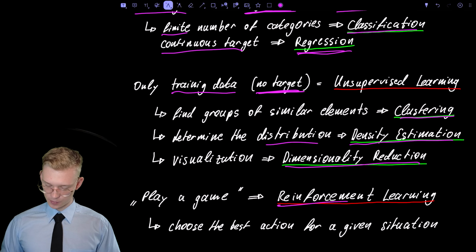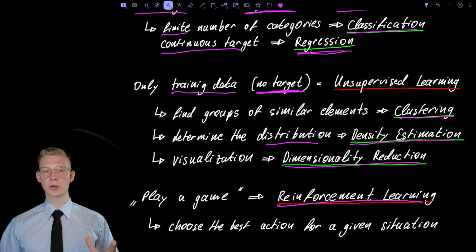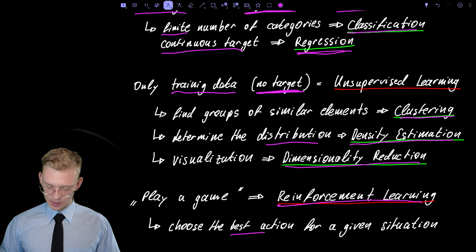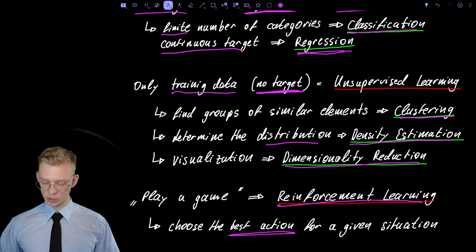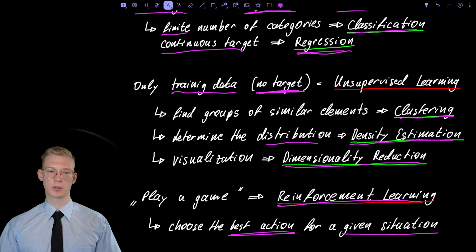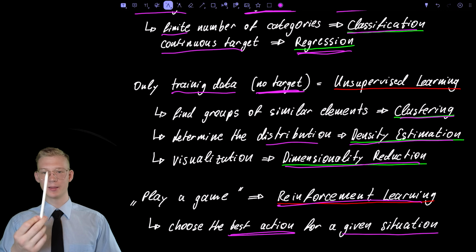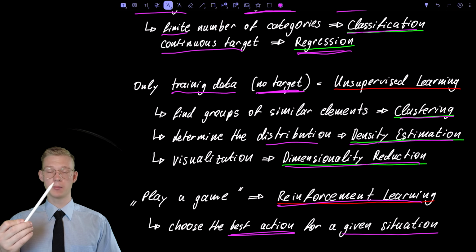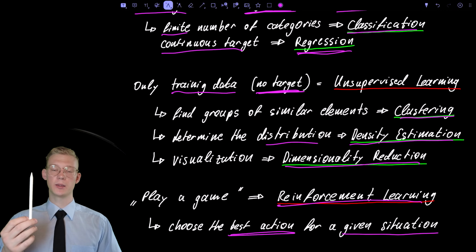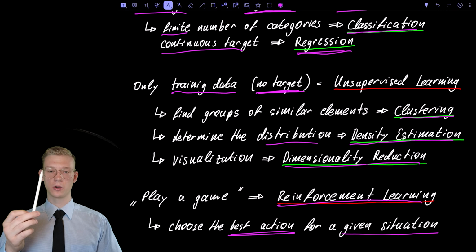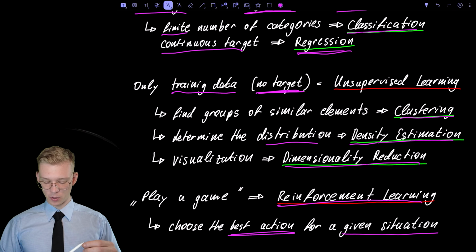But we also have the last element of machine learning, that is reinforcement learning. And reinforcement learning is just about like playing a game. The goal is to choose the best action from a set of actions for a given situation. So you can think about it like balancing a pendulum upside down. The computer can move left or right, but if it moves left, the mass might fall down, and if it moves right, the mass will fall in the opposite direction, but the goal is to balance the mass perfectly.